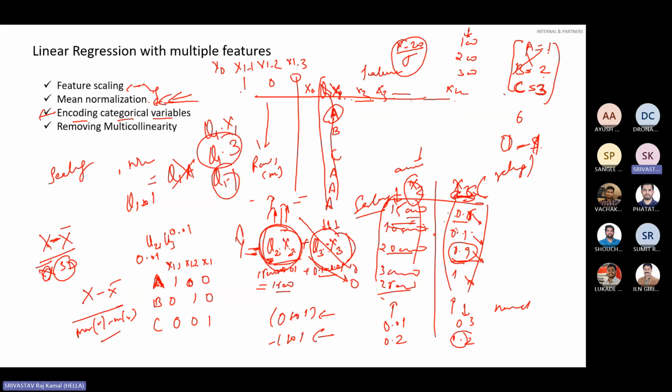Here we use just plain encoding, so if it is A, it's just the first bit, B is 1, C is 0. Now sometimes you will also see practically, if we know that there are just three classes, then there is no need of taking this third column. If it is 1 0, it is A, if it is 0 1, it is B, if it is 0 0, it's automatically understood that this is neither A nor B, this is something else.